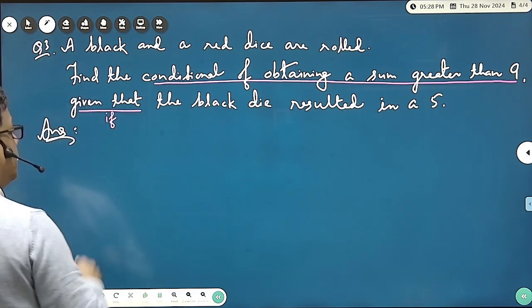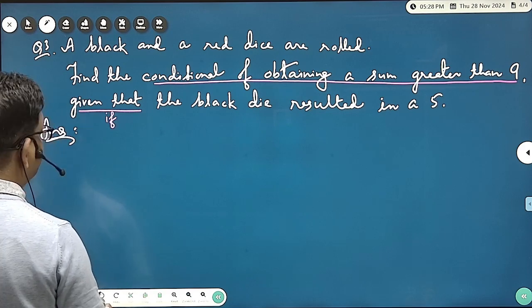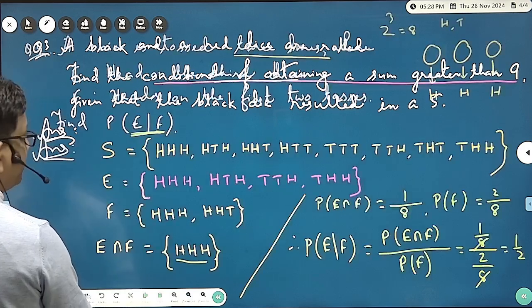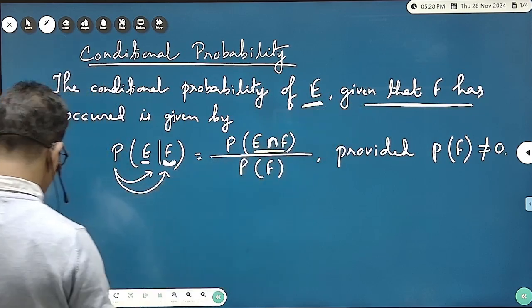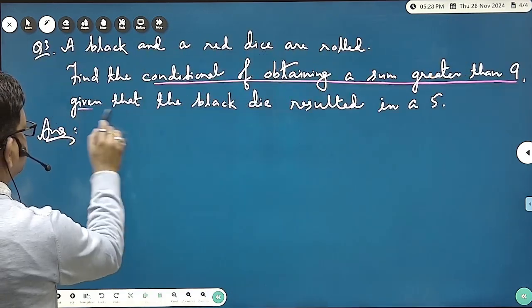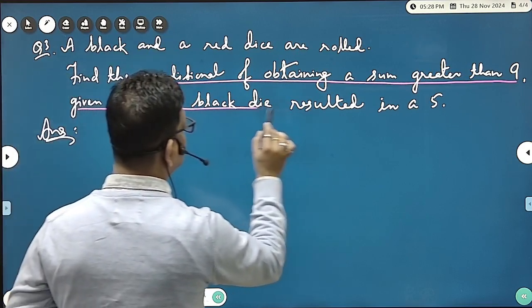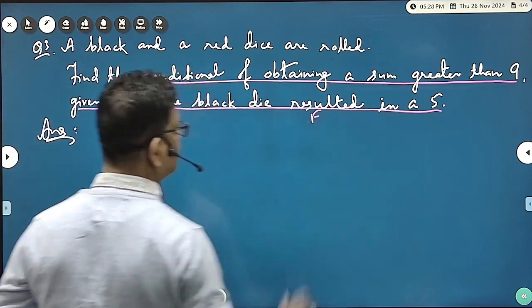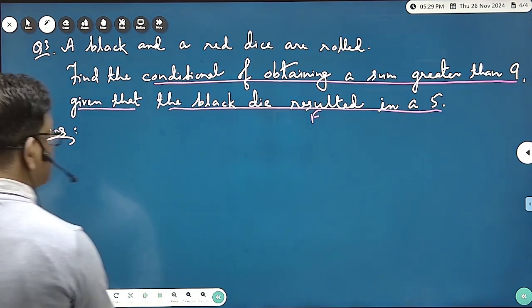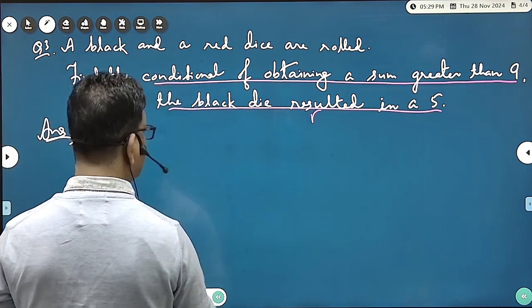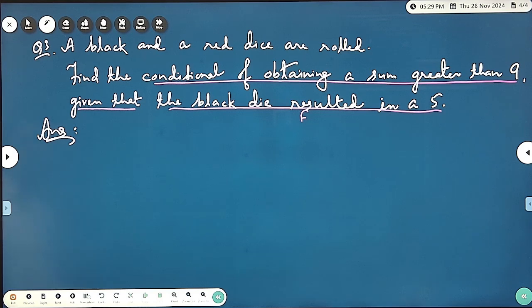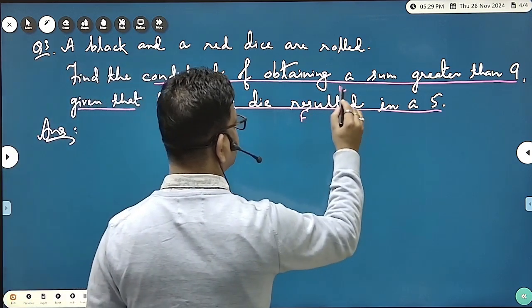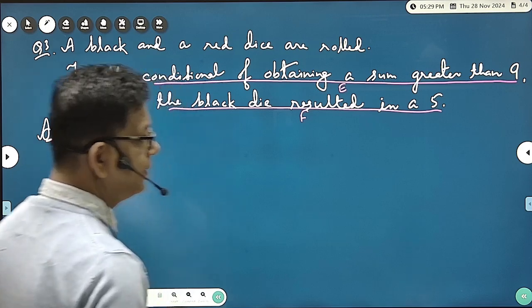Compared to the definition we did today, given that, which event? F. Whatever is mentioned with the given that is the condition, and that is always F. So this is your F. That means which one is E? Obtaining a sum greater than 9. So this is your E. Could you get it? Yes or no?